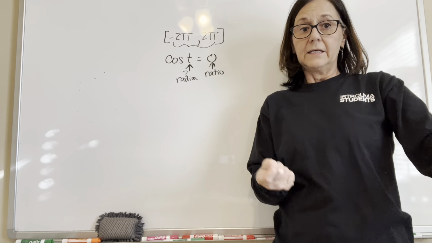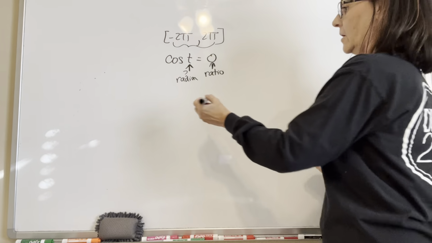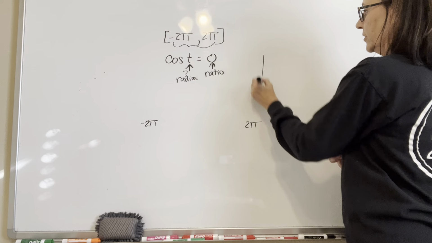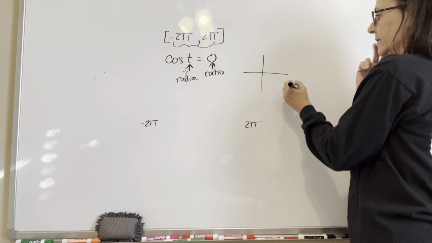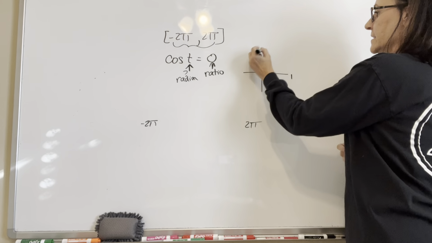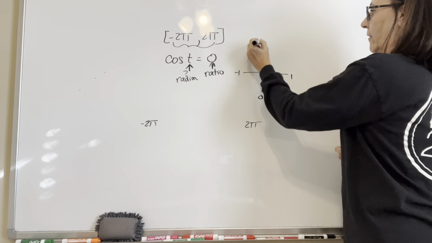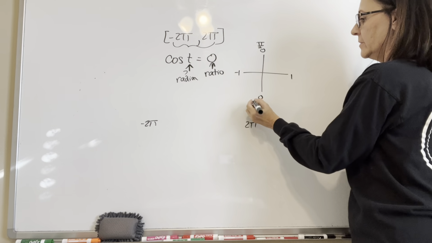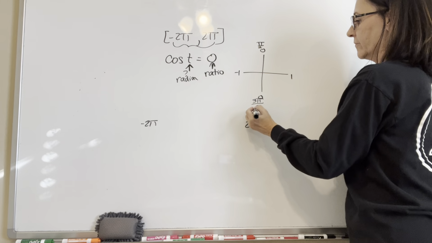Right, the cosine, so let's go from -2 pi all the way to 2 pi. Think of the unit circle. The cosine is 1 here, 0, -1, 0. This is pi over 2. This is 3 pi over 2.